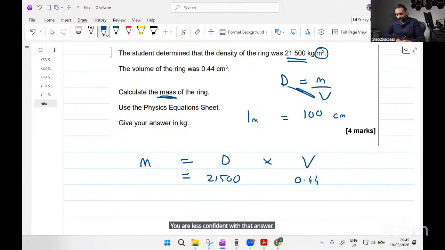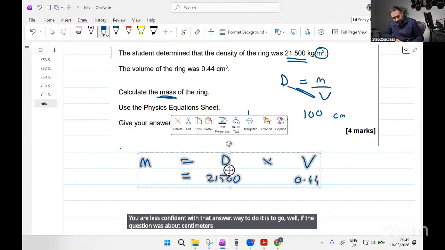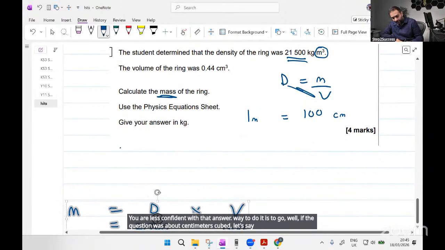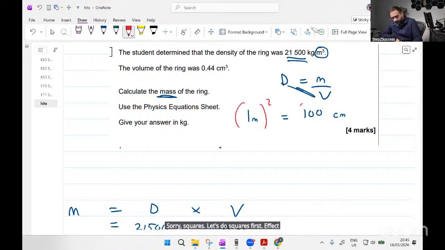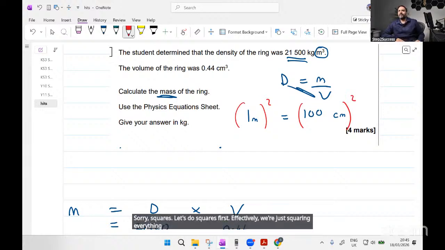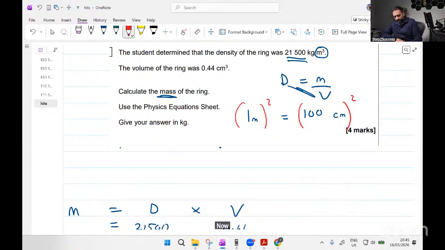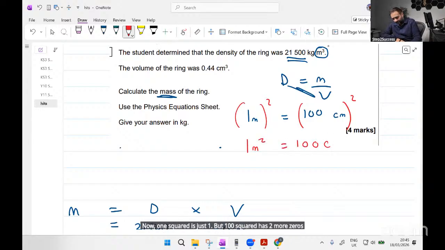The way to do it is to go, well, if the question was about centimeters cubed and meters cubed, then effectively what we're doing, sorry, squared, let's do squared first. Effectively, we're just squaring everything that you see here. Now, 1 squared is just 1, but 100 squared has 2 more zeros after it. So it becomes 10,000 centimeters squared.